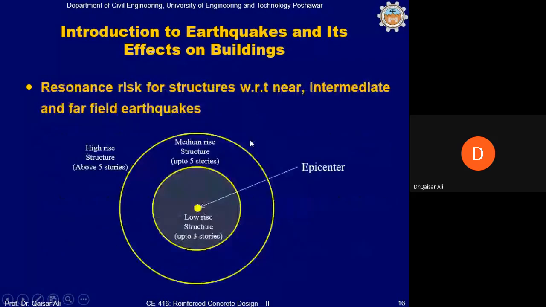So if the time period of the structure ranges from 0.3 to 1 second, then resonance is possible, and the structures may sustain damages or even may collapse during the earthquake. Similarly, in the far field region, the high-rise structures are more susceptible to damages because the time period of the wave and the time period of the high-rise structure can match in the far field region. Okay.